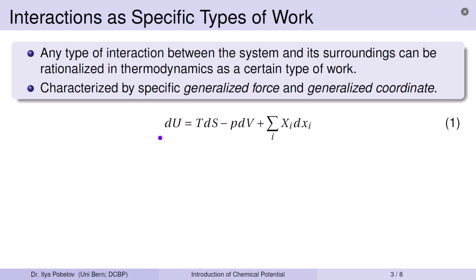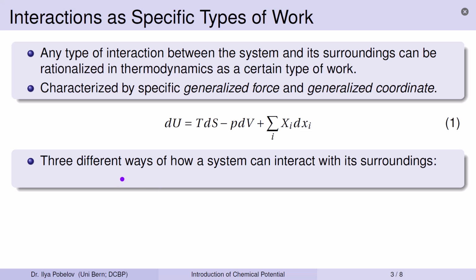This can be summarized by the fundamental equation of thermodynamics, which shows how the internal energy of a system is affected by various interactions. Earlier, when we talked about the concept of thermodynamic equilibrium, we outlined three different ways a system can interact with its surroundings: thermally, mechanically, and chemically.